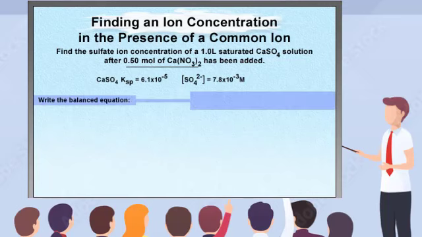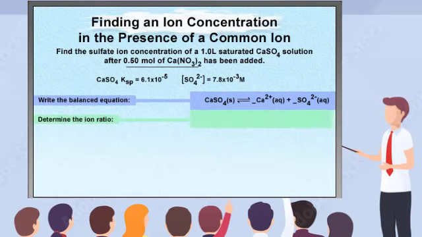The first step in solving this problem is to write the balanced equation for the dissolution of calcium sulfate in water. Calcium sulfate is in equilibrium with calcium ions and sulfate ions. The second step is to use the balanced equation to determine the ion ratio.